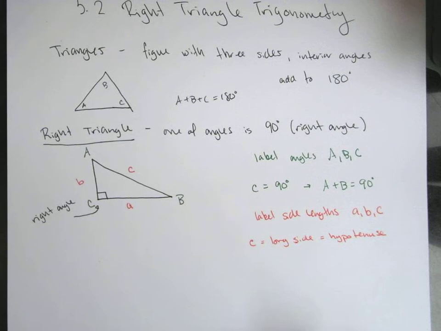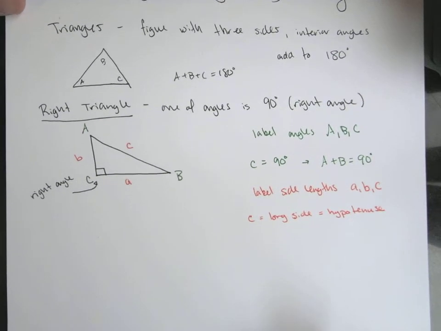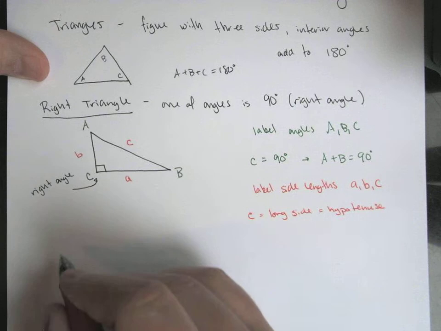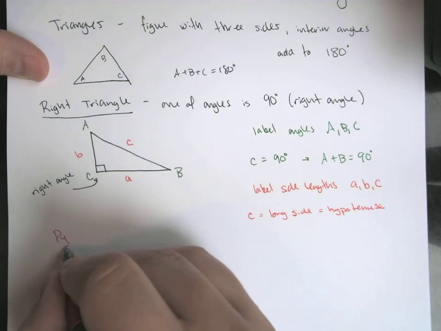And so what happens here that's particularly nice in right triangles is they have this relationship with the side lengths where the sum of the squares of A and B are going to equal the square of C. Let's write this out. So this is our Pythagorean theorem.